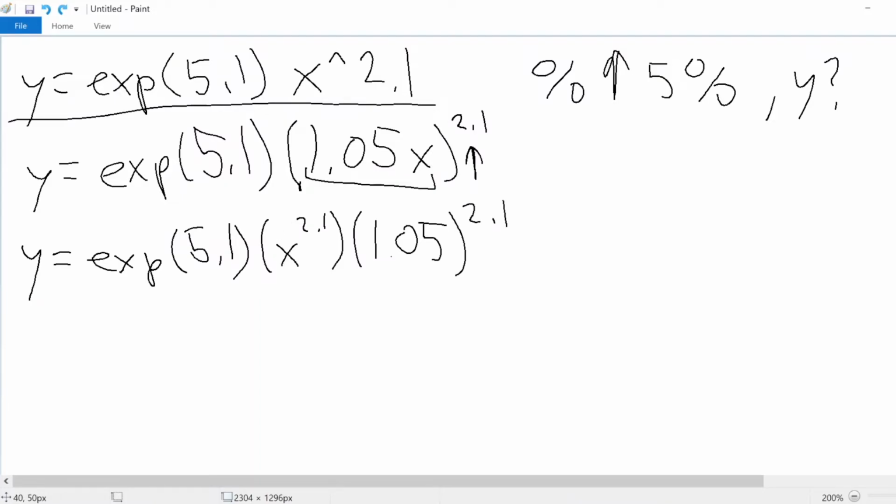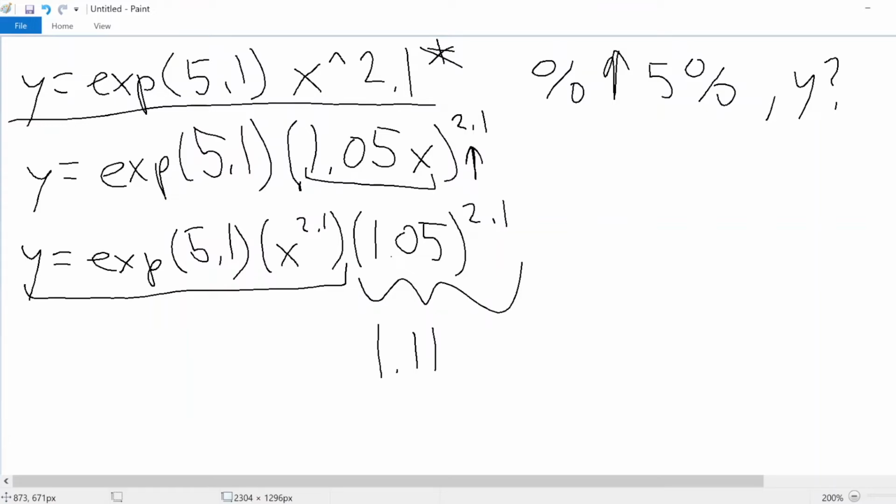You'll notice that this is our original equation that we saw up here. That's nice. And then we get some value here, 1.05 to the 2.1. So I'm going to bring this into R and plug this in. And it turns out that this value is about 1.11. It's pretty sweet, right?